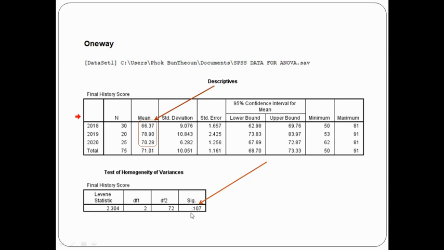Since the p-value for the Levene test is not significant, we can say that the variances for the three groups are approximately equal. So the second assumption of one-way ANOVA is not violated. So we can use ANOVA. We have a good reason to be happy because the second assumption, which is so important, is not violated.